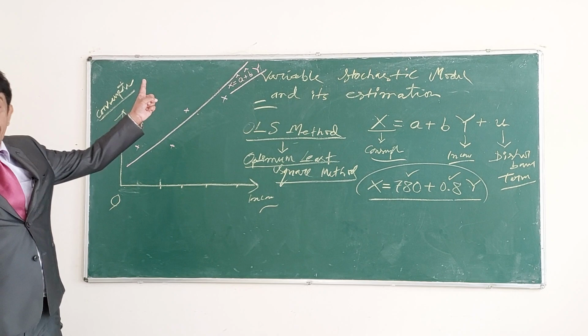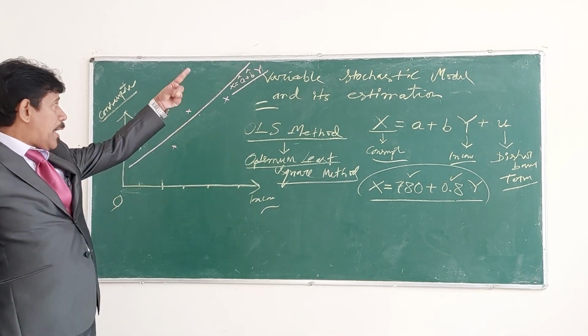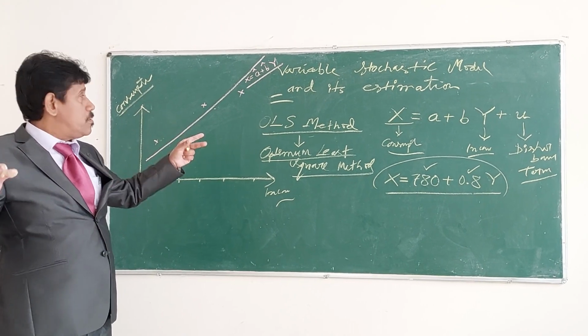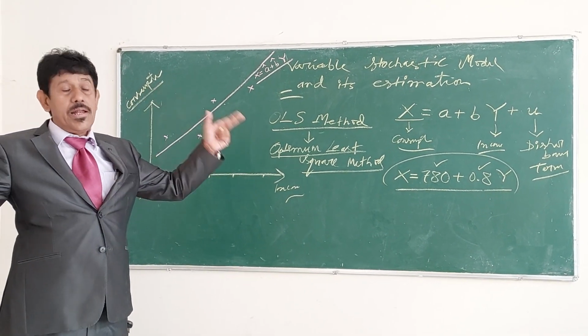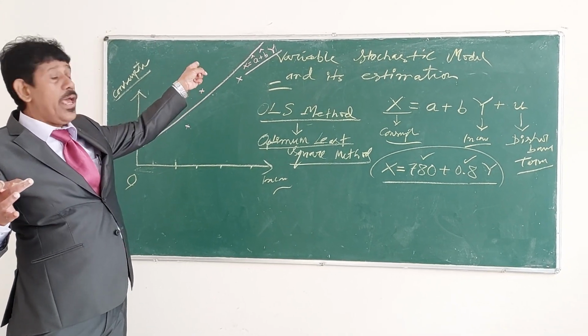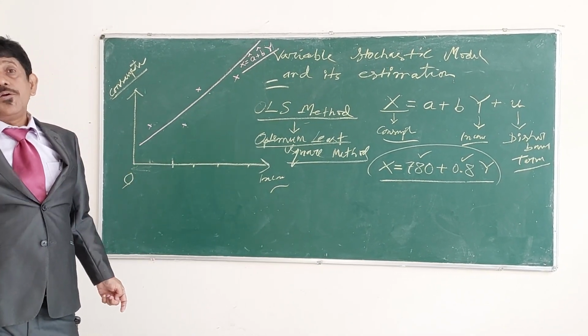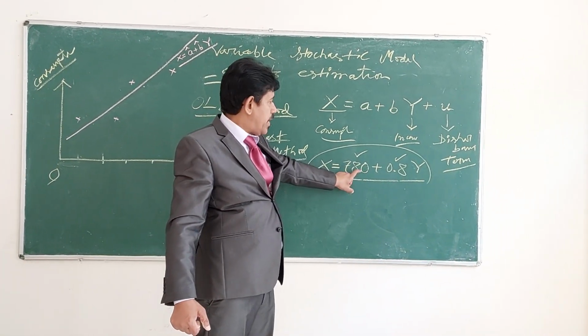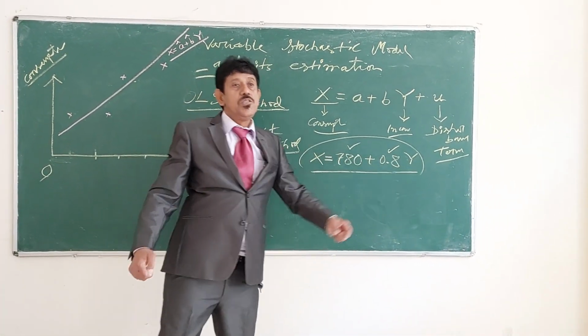Why have we denoted caps on the values? Because we have assumed that we have already derived the values of the coefficients a and b. That is a cap and b cap. So here a cap is 780 in the earlier numerical example, and b cap is 0.8.